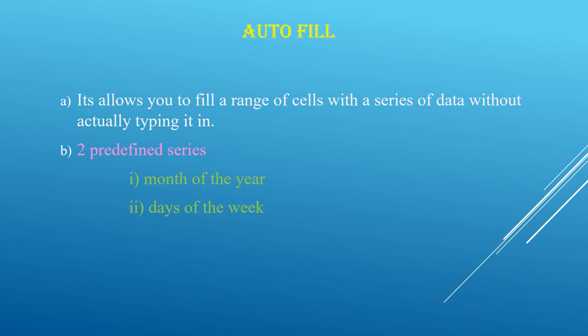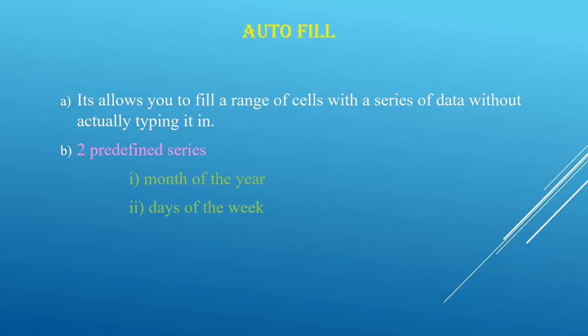In the MS Excel sheet, in the first cell, if you type the first month, January, and then drag the mouse down the whole column, it will automatically fill January, February, March, April, May, June. All 12 months it will fill in the single column. You only have to type the first cell.